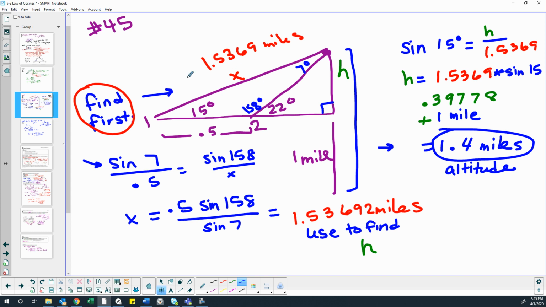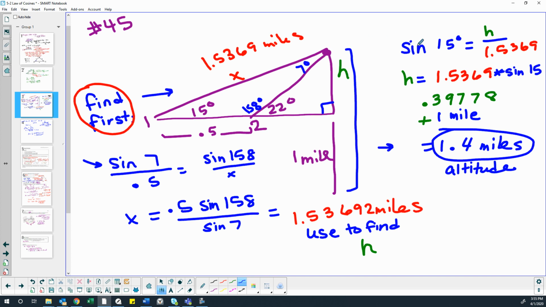So we use the law of sines to find this side here. Here's the process: sine of 7 divided by 0.5 miles equals sine of 58 divided by x miles. We cross multiply and solve for x. Now we have x, and we're going to use that to find h. h is just this little piece right here, the height of the climber above the altitude of the rescuers. We're now using this big right triangle instead of this little oblique triangle.